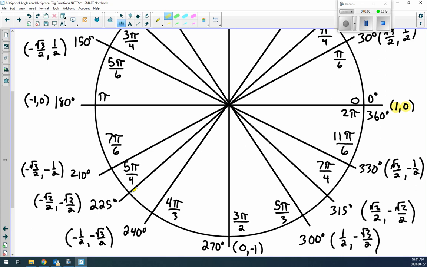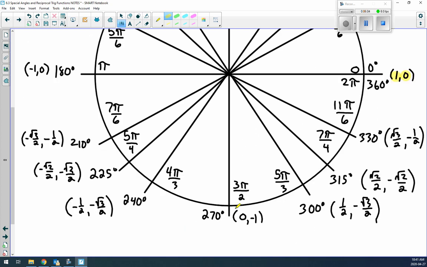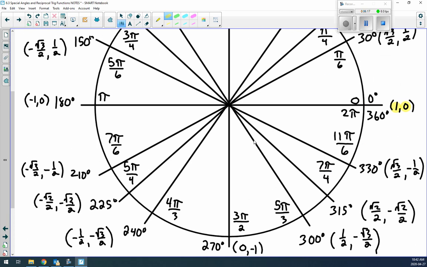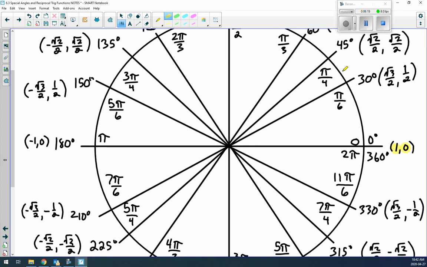We're just counting up. Every time it's a pi over 4. That doesn't reduce down. This one here at 270 would be 6 pi over 4, which reduces down to 3 pi over 2. Go over here, 7 pi over 4, doesn't reduce down, and then back to 8 pi over 4, which is 2 pi. That's a pretty easy way to remember the 45s, right? Every step around is a pi over 4, pi over 4, pi over 4 all the way around.